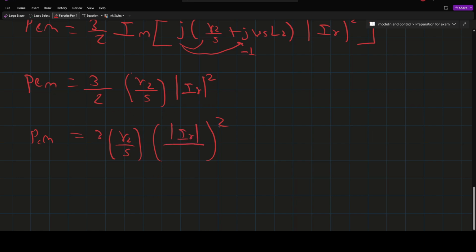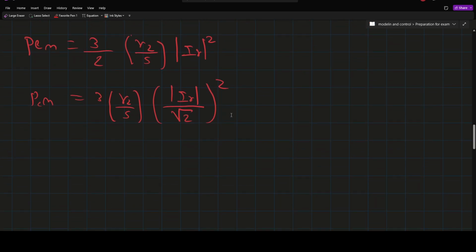If we put this inside, we have to do it as a square root, and this is ir in RMS. So we have PEM equals 3 ir in RMS squared multiplying r2 over s.